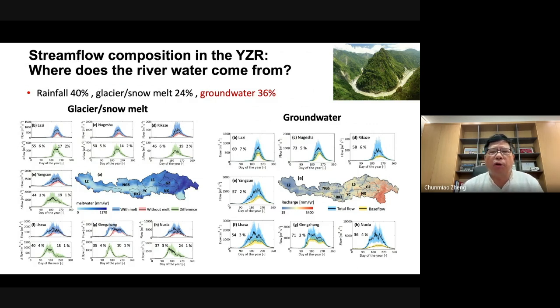There is more groundwater discharge into the river in the upstream and less in the downstream, but overall it's about 36%. Those numbers are quite important for water resources management, and for conjunctive groundwater surface water management.